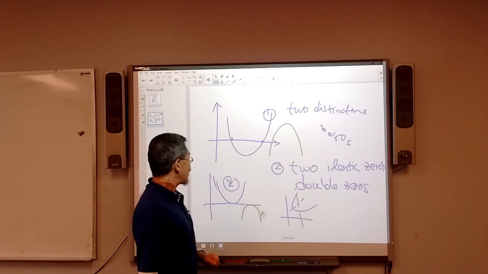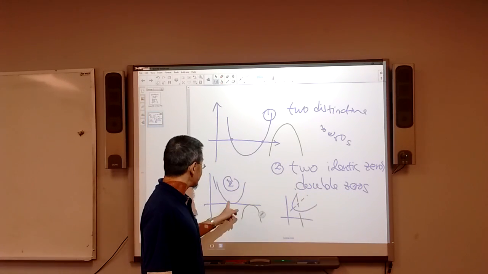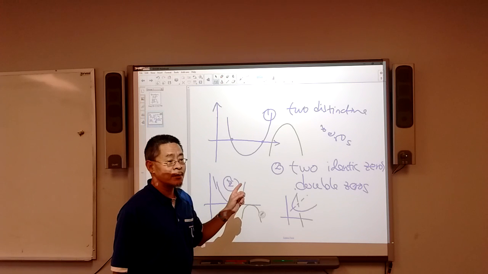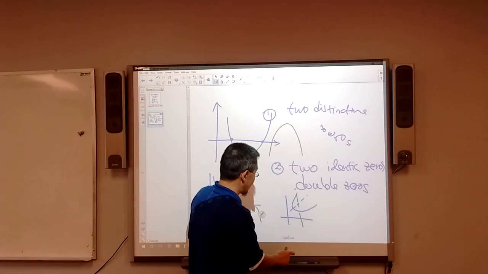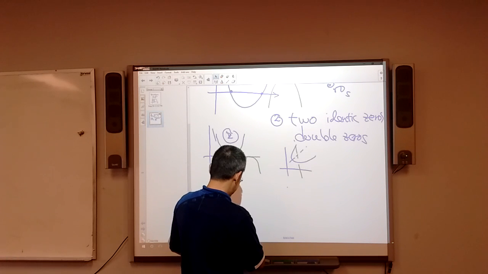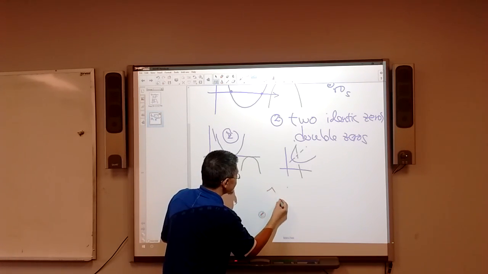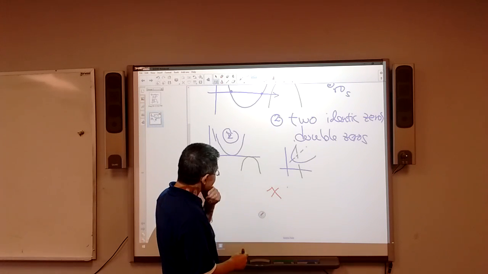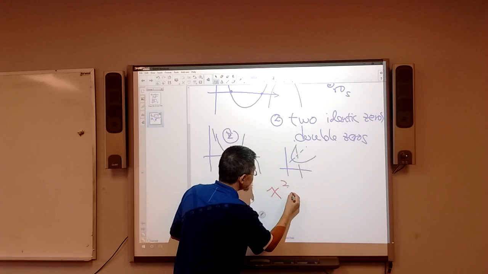Okay. Alright. So this is called double zeros. Actually it's 2 zeros that happen at one point. So this is different from here. The reason for that is, let's say x. Now, simplest case is this.